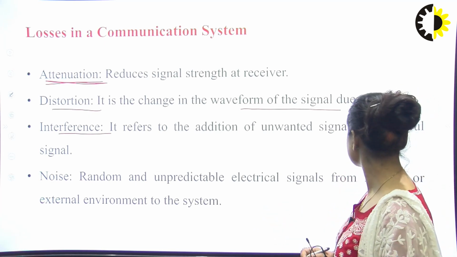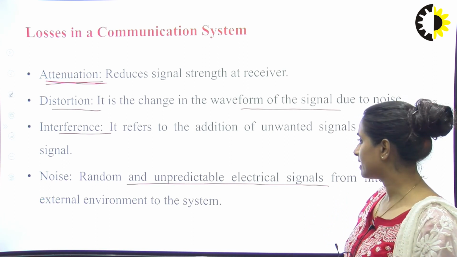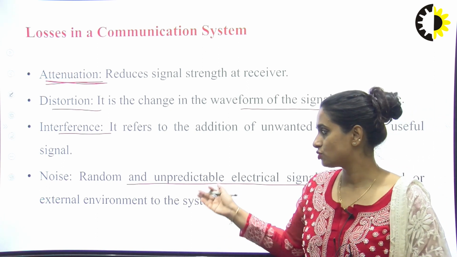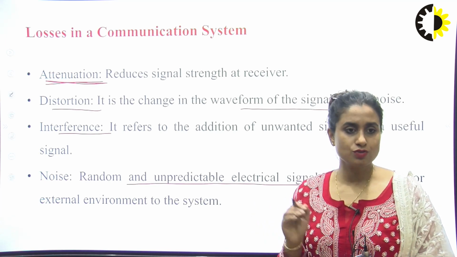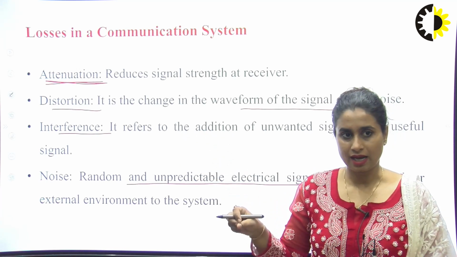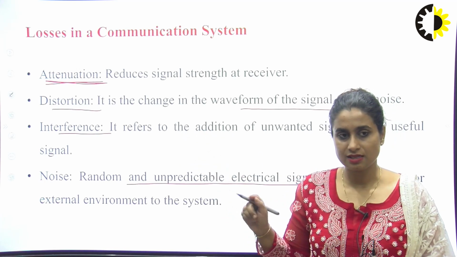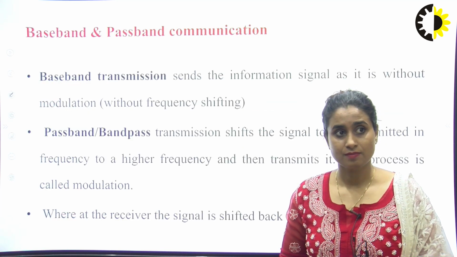What is noise? Random and unpredictable electrical signals from the internal and external environment of the system. Noise is also a signal, but an unuseful signal. If I am talking to you and some person is talking behind, he is also generating some signals, but that is not useful for me. So that acts as noise for me.